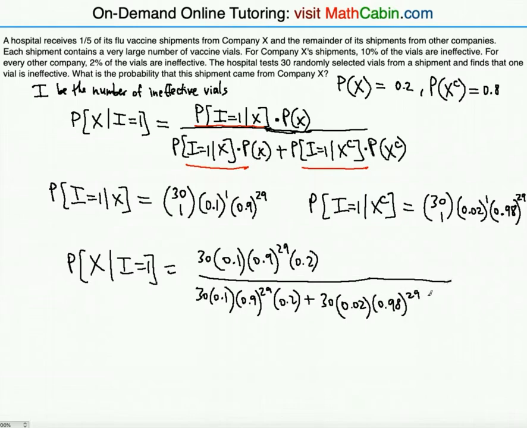And don't forget one little piece, the probability that the shipment came from other companies, 0.8. If you forget this, you will be in big trouble, because you will have a completely wrong answer if you miss this small piece, 0.8. So if you do this right, you should get a rounded answer, which is going to be 0.10. And this will be available in the answer choices provided.